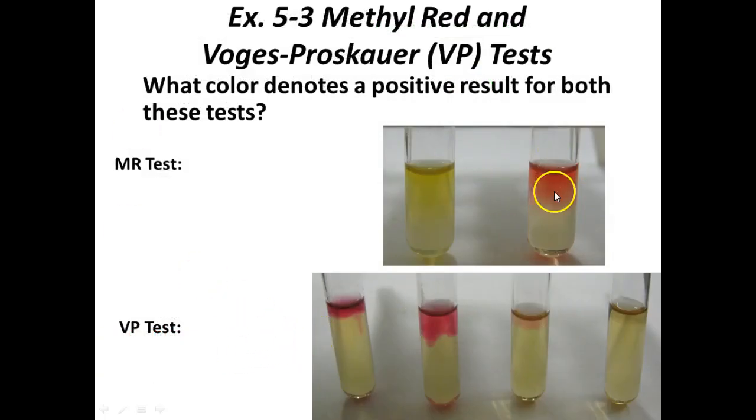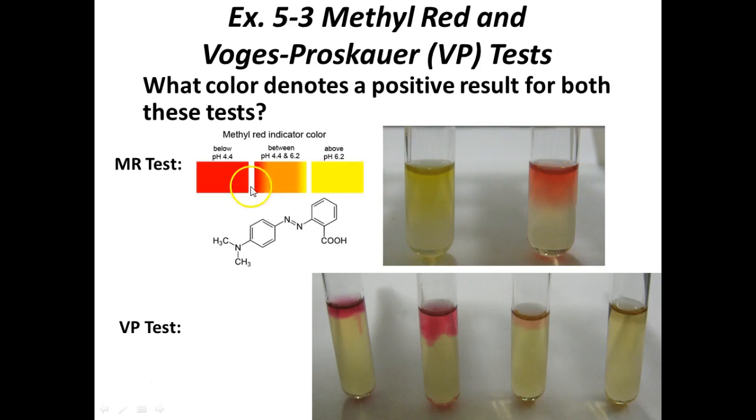So, methyl red test, which one's positive? The red one, right? And again, it's that really low 4.4 pH or lower that's going to give us that nice red color. Above that is yellow or orange, which is negative.